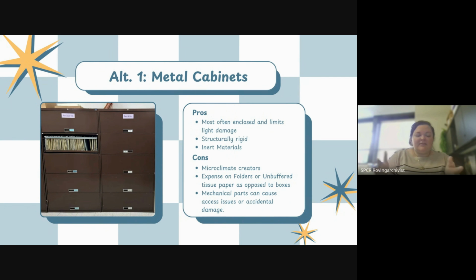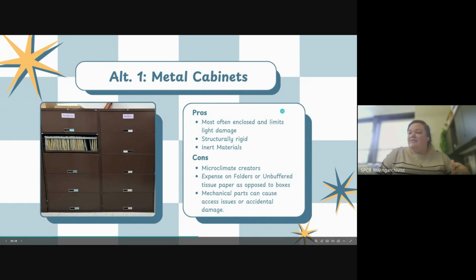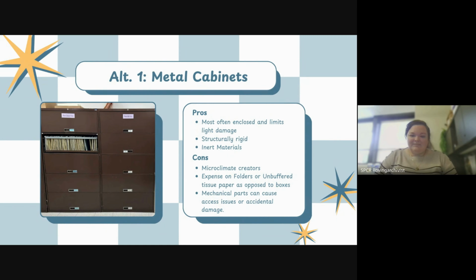If they're used, you can find them for relatively cheaper than purchasing new storage, or like I said, in many office spaces, they already exist. So my recommendation there is use what you can, but be aware of the pros and cons of that. So that's option number one, the metal cabinets.